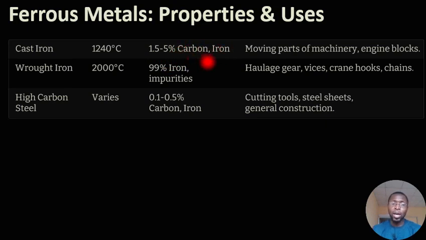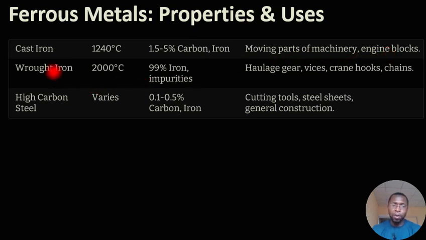So it's a type of ferrous metal that has 1.5 to 5% of carbon in it. And what do we use this material for? We use it in making the moving part of machineries and engine blocks.